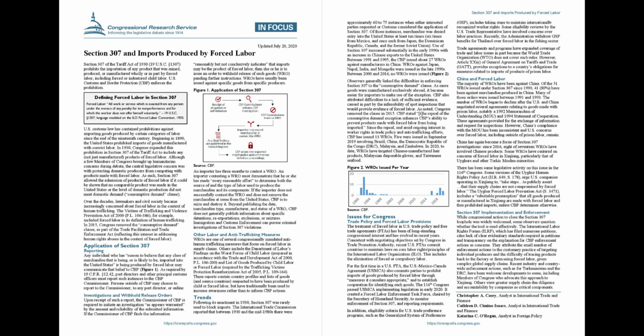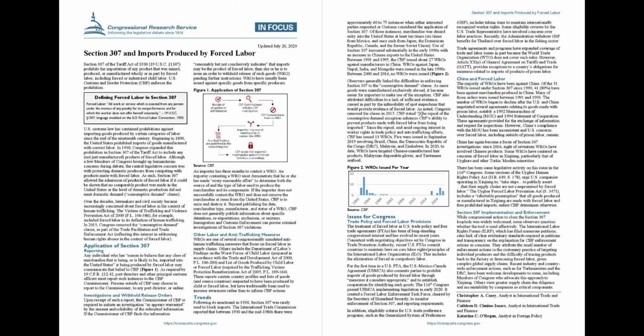Other labor and anti-trafficking measures. WROs are one of several congressionally mandated anti-human trafficking measures that focus on forced labor in supply chains. Others include the Department of Labor's findings on the worst forms of child labor, prepared in accordance with the Trade and Development Act of 2000, PL 106-200, and list of goods produced by child labor or forced labor, required by the Trafficking Victims Protection Reauthorization Act of 2005, PL 109-164.